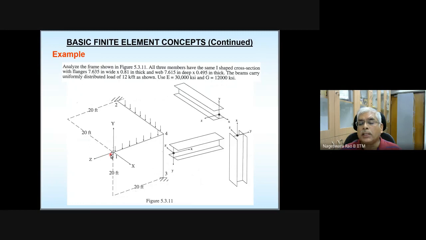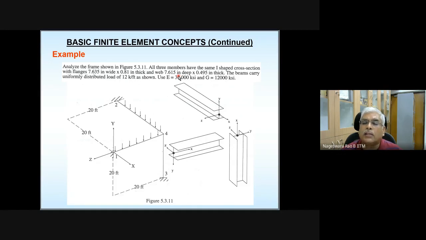And what about the other node of each element? That is connected to a support. This is one support, another support, another support. And all the dimensions are given. FPS units are used. Material properties are given, and sectional properties are also given for you to calculate the torsional constant.